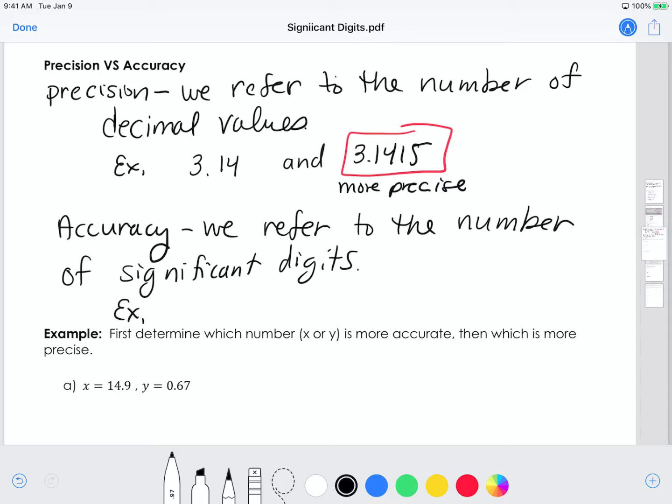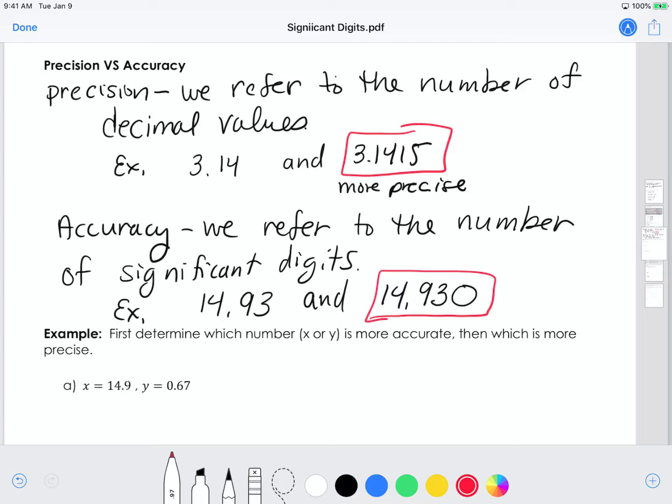So for example, if I gave you 14.93 and then I gave you 14.930, this number here would be considered more accurate because this number boxed in red has 5 significant digits, whereas the 14.93 only has 4 significant digits.